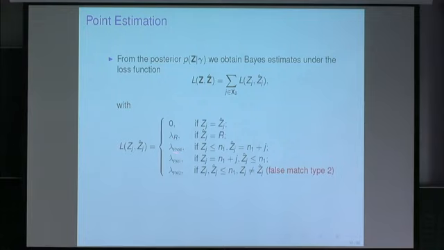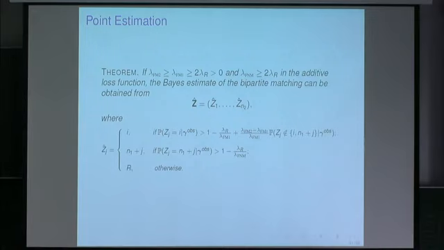For the generic applications that I have considered, taking a false match of type 2 being twice as bad as the other possible mistakes seemed to have good performance. So this could be a generic implementation of the method, but you can derive point estimators regardless of the value of the losses.